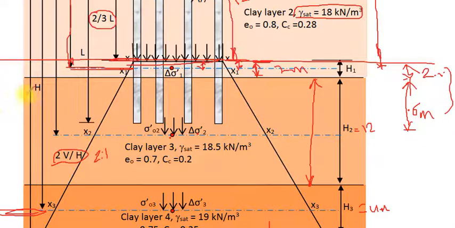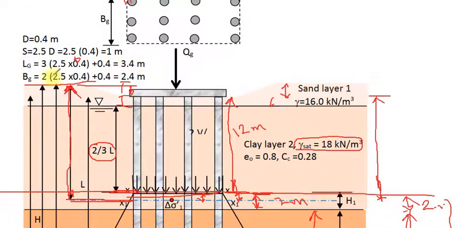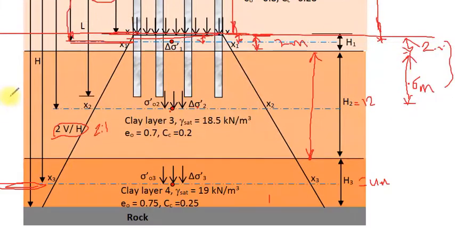We can compute the overburden pressure starting from this level to the middle of the third layer, or continue, for example, from the level of the second layer to the middle of the third layer.